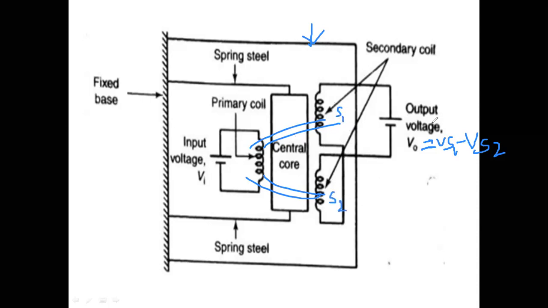Due to this, the output voltage varies. Output voltage is a measure of acceleration applied. So in these techniques, we measure acceleration.